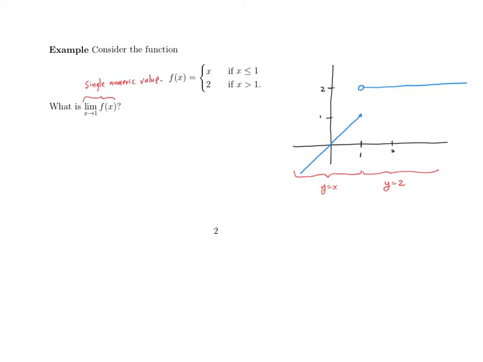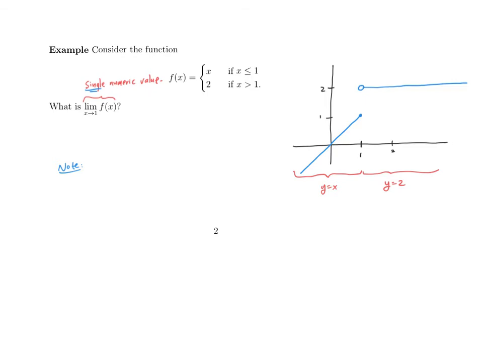And the key there is it has to be a single number. You can't have two different numbers playing the role of the limit. It's a unique value. And the observation that you hopefully made is that this function behaves very differently to the left of 1 as it does compared to the right of 1.